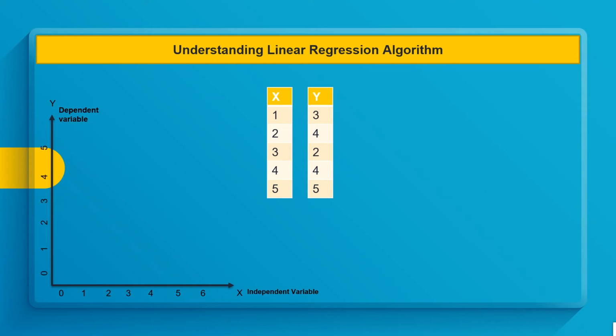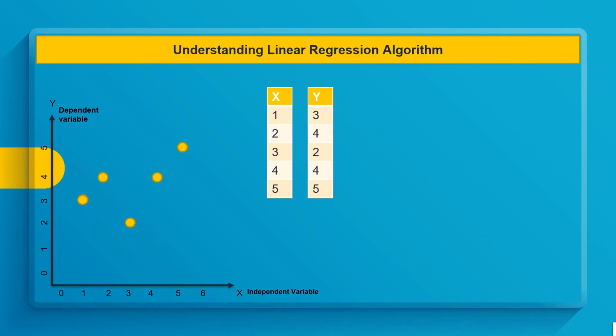Now let's plot our coordinates one by one. So x equal 1 and y equal 3. So this is the point 1, comma 3. So similarly, we have 1, 3, 2, 4, 3, 2, 4, 4 and 5, 5.